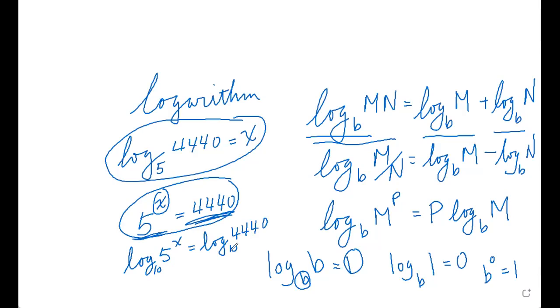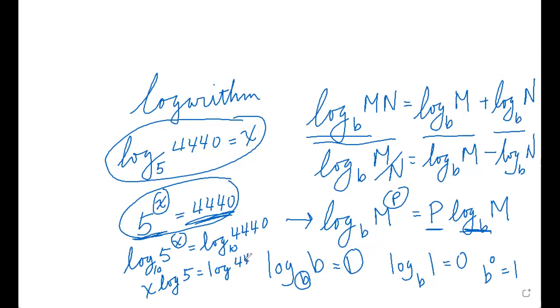Now remember this here, when you have an exponent, you could write it as the exponent times the rest of the log. So this x can be written as x log. Now I don't have to write the 10 because it's a common base. It's understood to be 10. So I can write it like this.